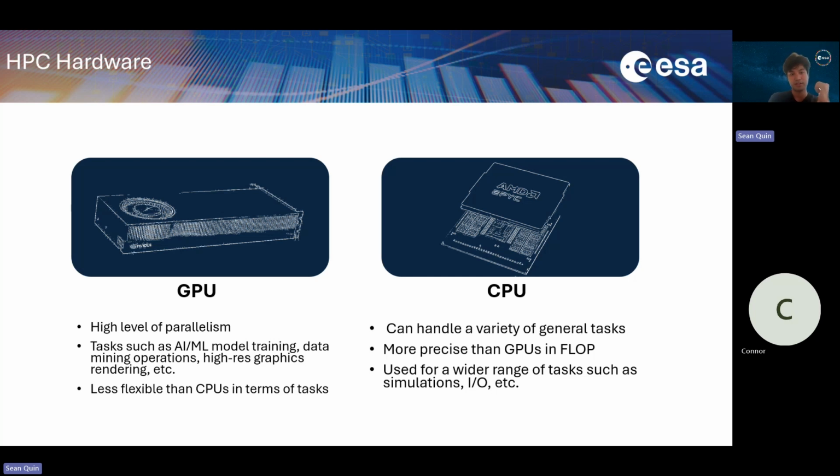So for example, you'd be able to do tasks such as AI, ML training, data mining, high-res graphic rendering, image processing, etc. But you won't be able to do parallel I/O with a GPU. They often rely on CPUs for the provision of instructions, as well as message passing, etc. They're a lot less flexible for some tasks, but they're very powerful for simple calculation-based tasks. That's why we rely on them for, for example, AI ML.